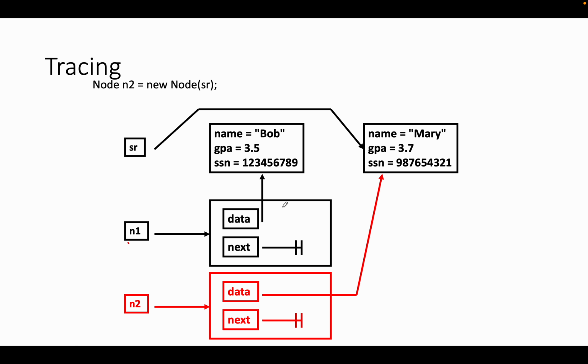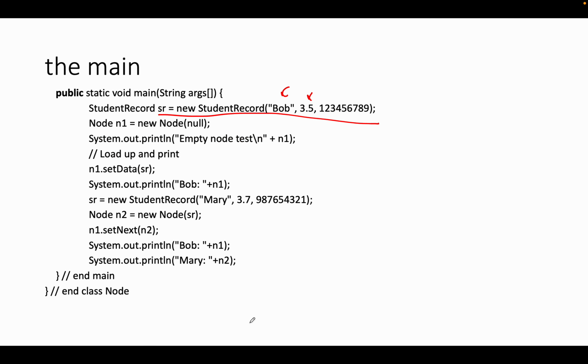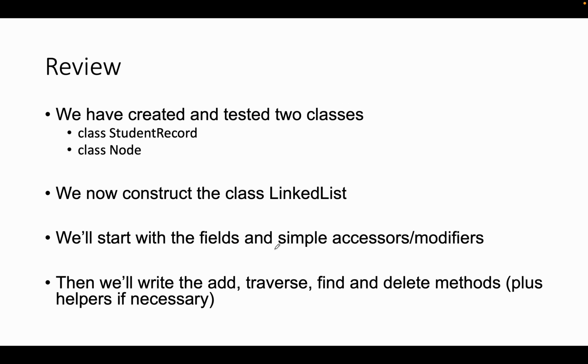After that we connect these nodes together. What we do is point next, so the pointer from the first node N1 points to the next node, which is N2. The code is just create N1, create N2, and then point these two together. This is the basic idea of the linked list.